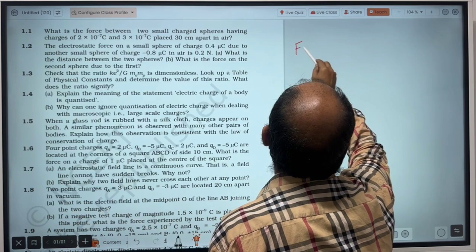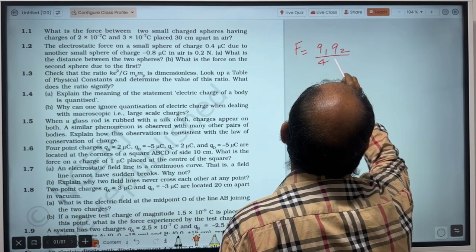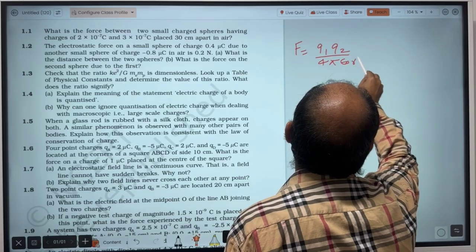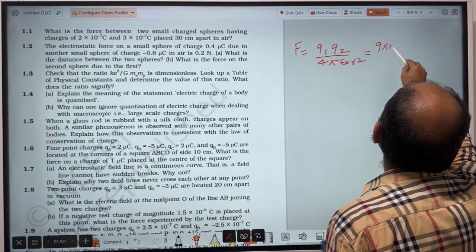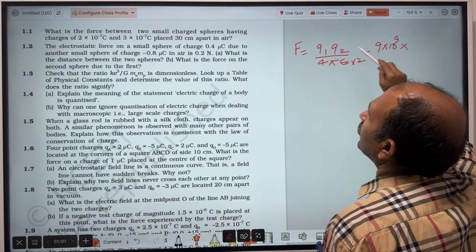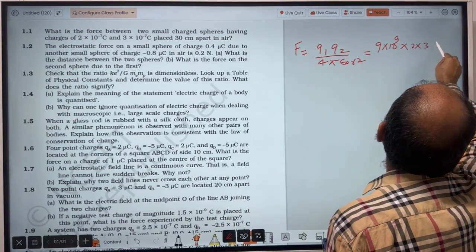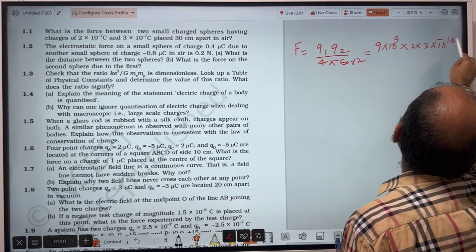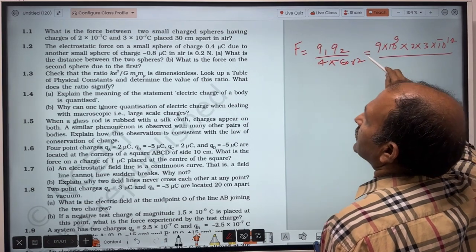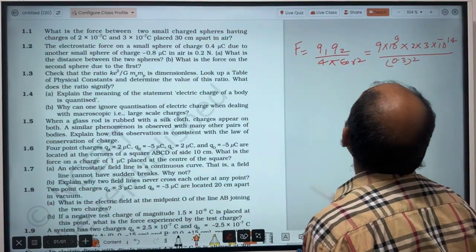So here force equals Q1 Q2 divided by 4 pi epsilon naught r squared. You can put the values. So it will become 9 into 10 to the power 9 into Q1 Q2, 2 into 3 into 10 to the power minus 14, divided by distance squared, 0.3 squared, Newton.